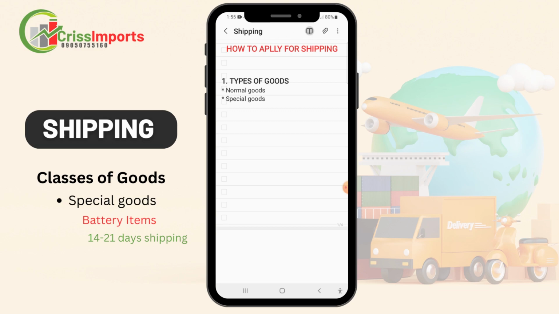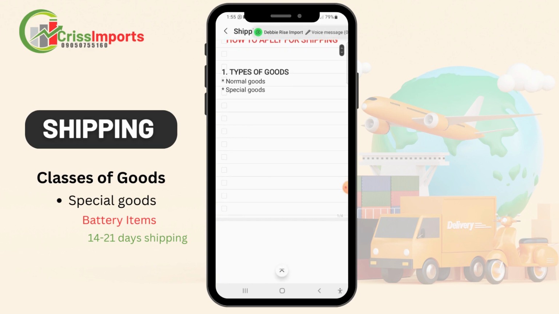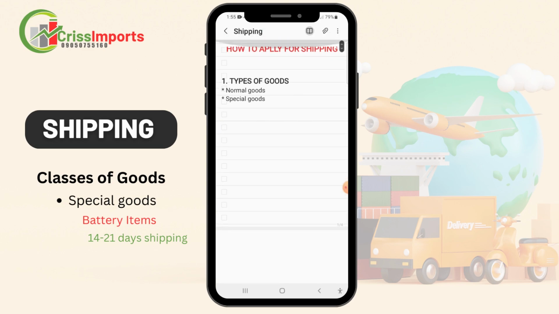If you're buying watches, laptops, phones, anything that has a battery, all those Christmas lights, anything like that, it's under special goods. Then powder: if you buy anything that has powder in it, anything that has liquid like your perfume, anything at all that has liquid inside, it is classified as special goods.